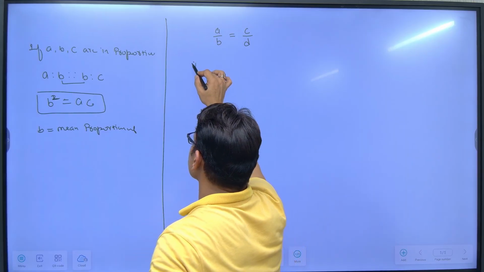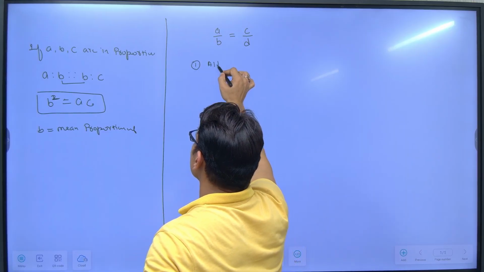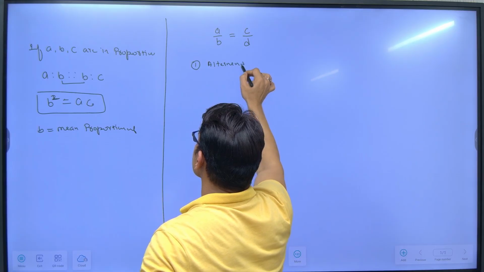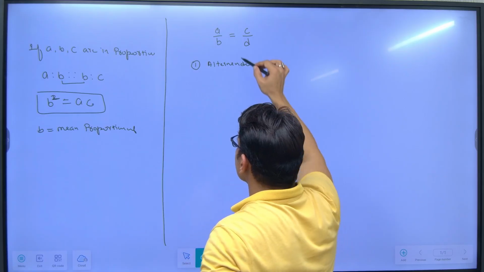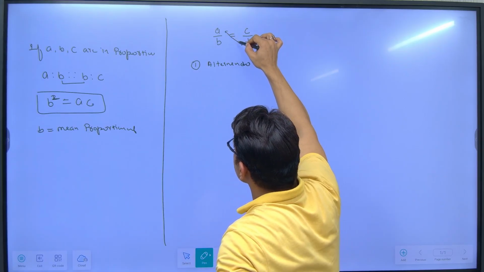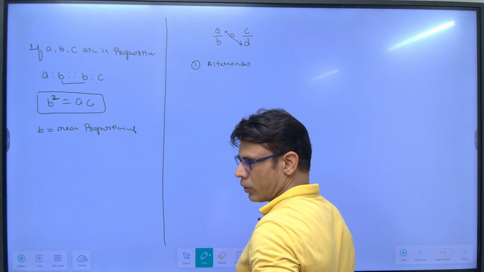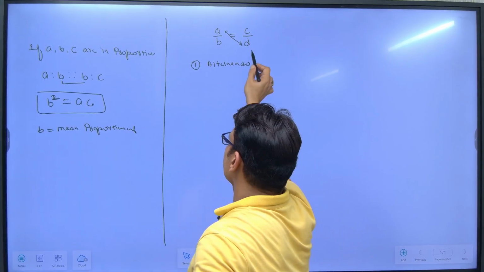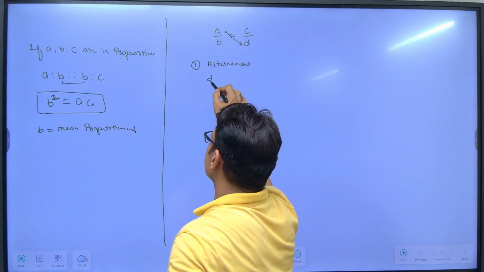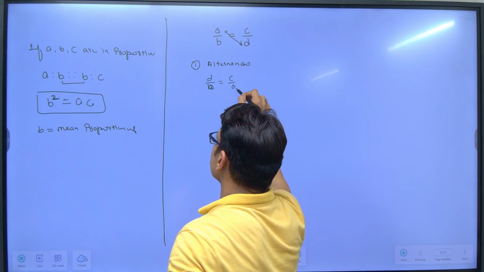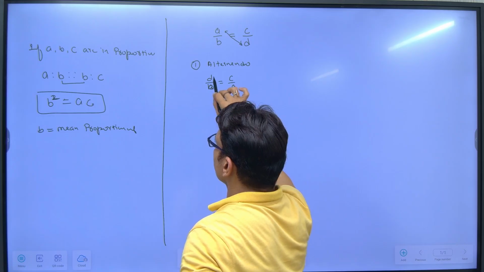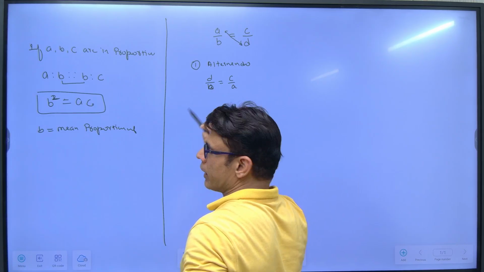There are 5 operations. First is alternando. In alternando, what we do? We either interchange this or this, not both, right? So if suppose you interchange A and D, this will become D by B is equal to C by A. So even if you are applying alternando, the equality remains same.